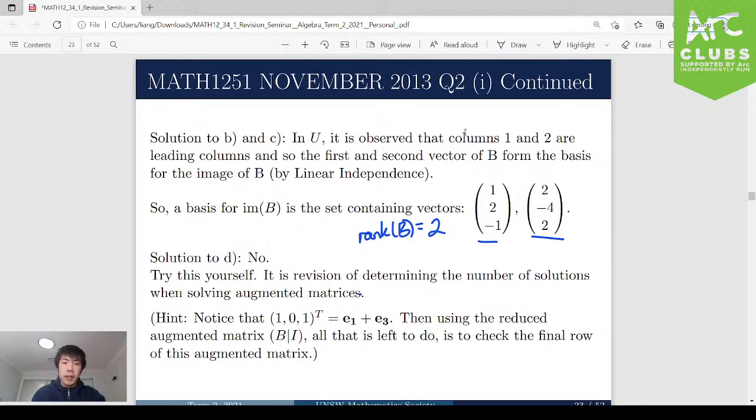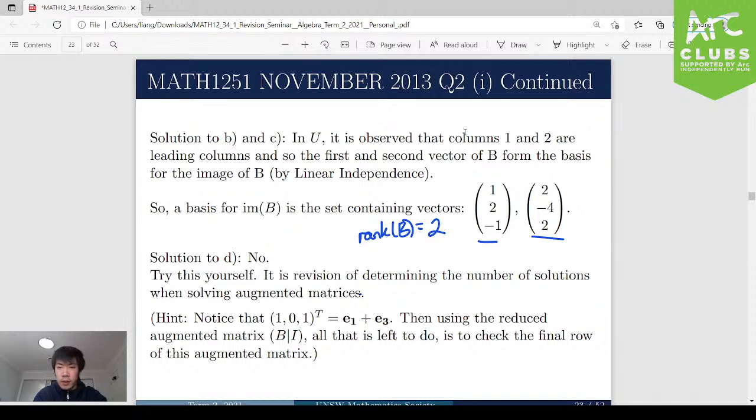So the answer is no, and you can have a go at this yourself because it's not exactly relevant to the topic we're going through right now, but it's basically a revision on determining the number of solutions when solving an augmented matrix. If you notice, 1, 0, 1 is the same as E1 plus E3, so the first basis vector plus the third basis vector.